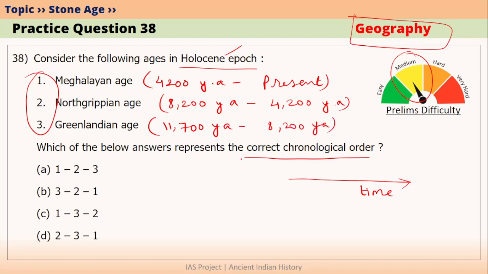So the correct chronological order would be, first would be Greenlandian age, then North Grippian age, finally we have Meghalayan age. So the correct option is B, 3, 2, 1. If you want to know more about Meghalayan age, North Grippian age and Greenlandian age, you can go to the video which is being shown here.